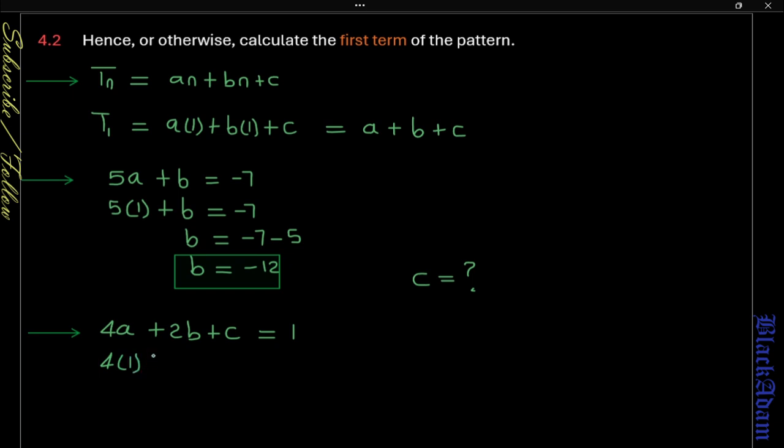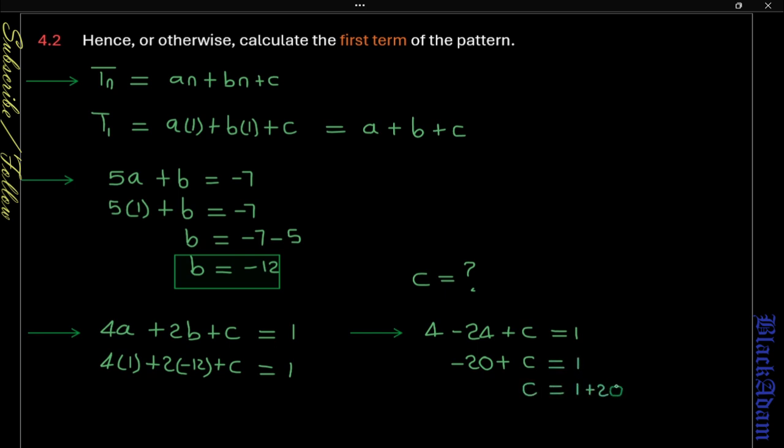That's 4 minus 24, because 2 times -12 is -24, so -20 plus c is equal to 1. So c is 1 plus 20, that is 21.